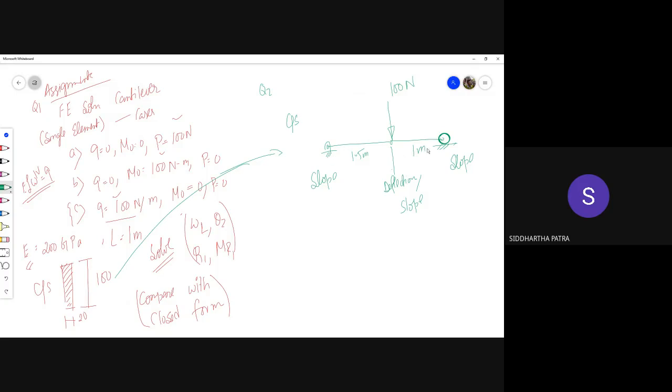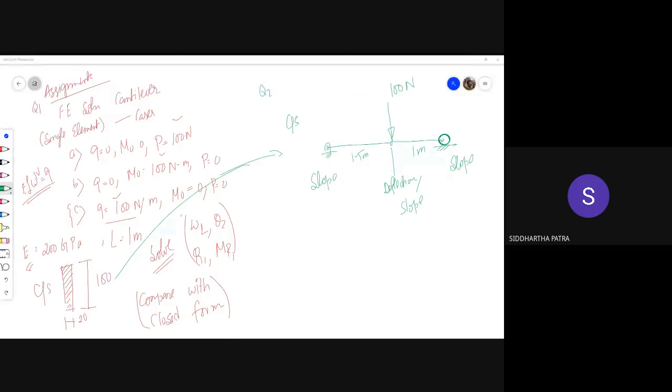Since finite element is using cubic shape functions, once you are done with the solution, do compare it with the exact solution. I need you to appreciate the fact that whenever it is possible to map the solution in a given function space, let's say up to cubic functions, the finite element solution does give you the exact solution. That goes to show the consistency of the method that we are using.